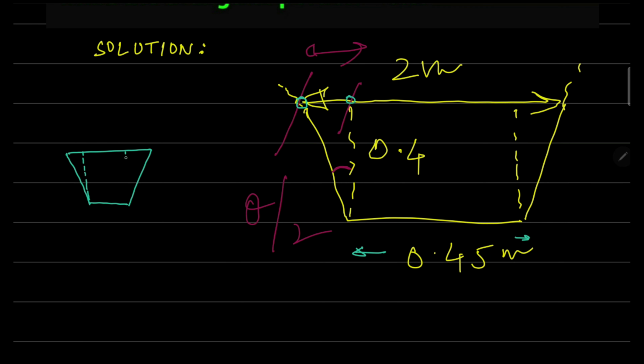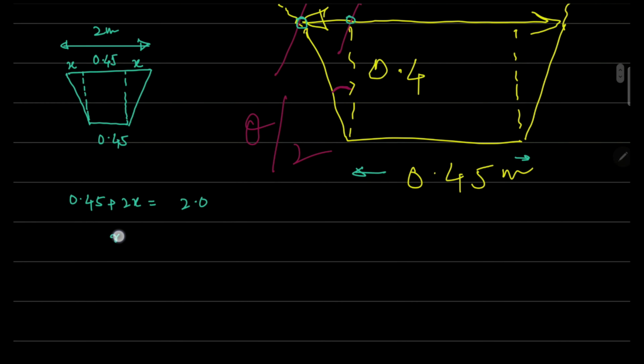Now this is 0.45, then again it is 0.45, and the overall value is 2 meter. So let's say this value, which is not known to us, is x, so this will also be x. So 0.45 plus 2x is going to be equal to 2 meter.